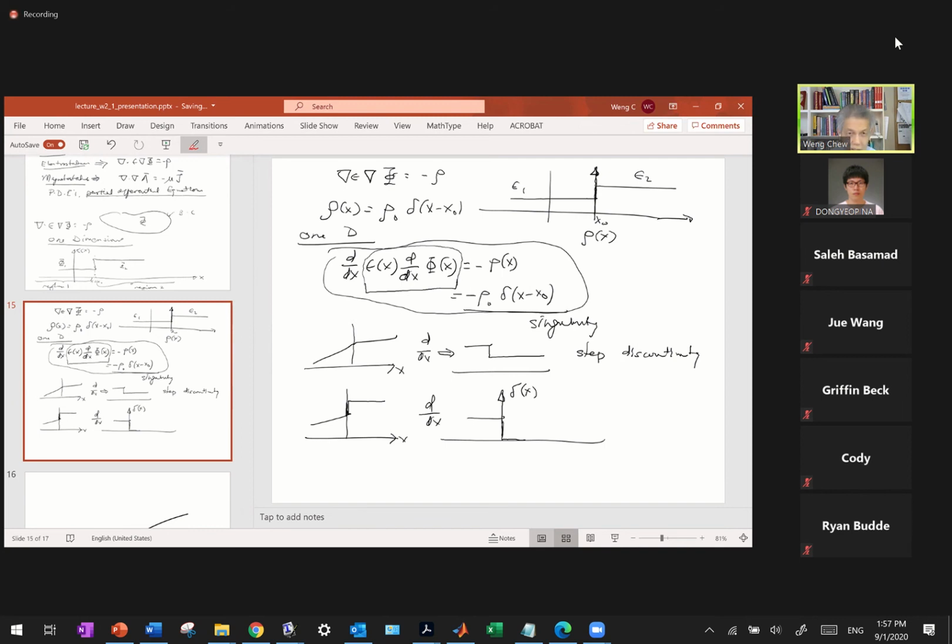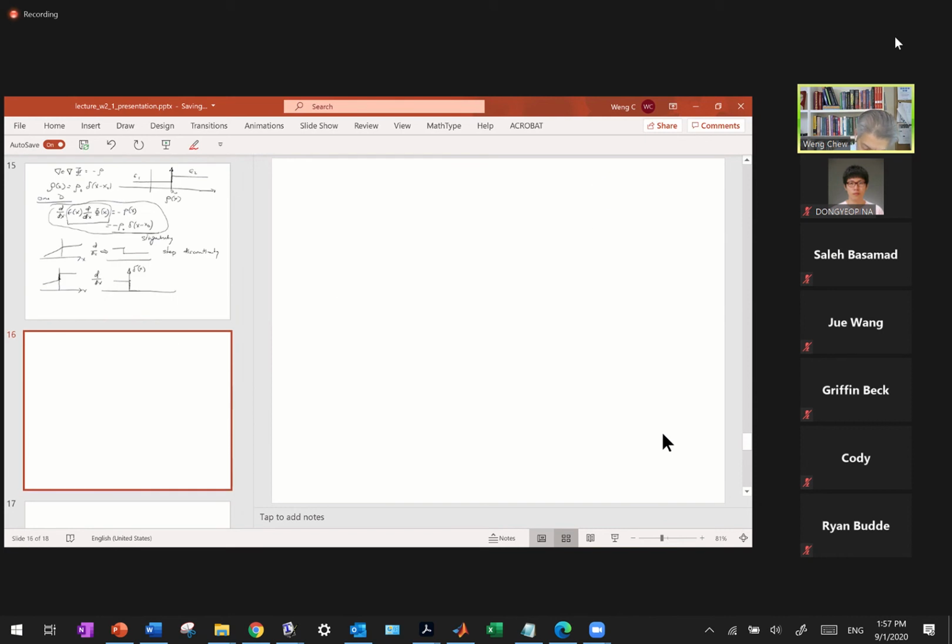The mathematical way of showing this is to integrate this equation. I write it again over here: epsilon of x, d dx of phi of x, is equal to minus rho naught delta of x minus x naught.